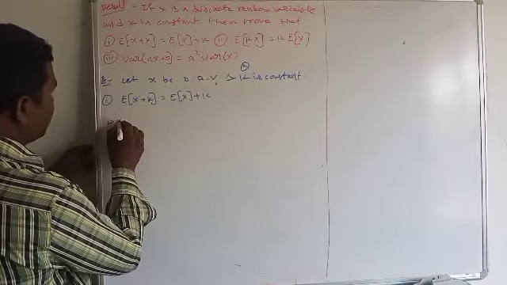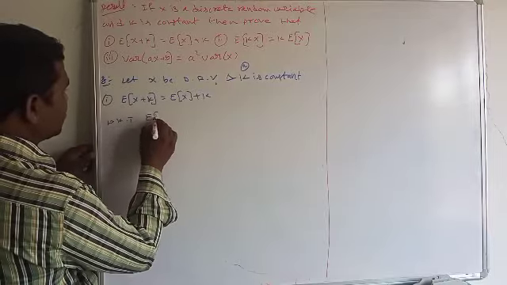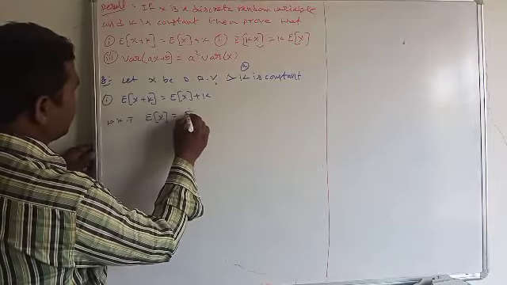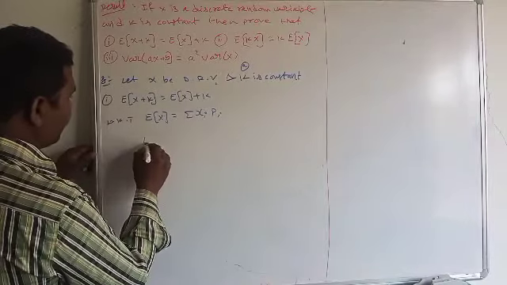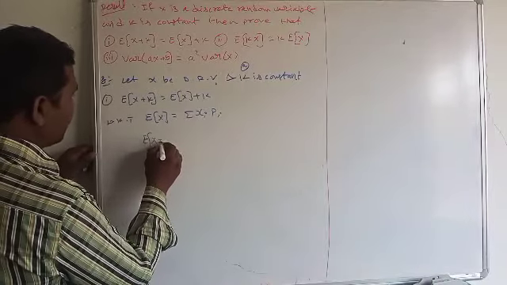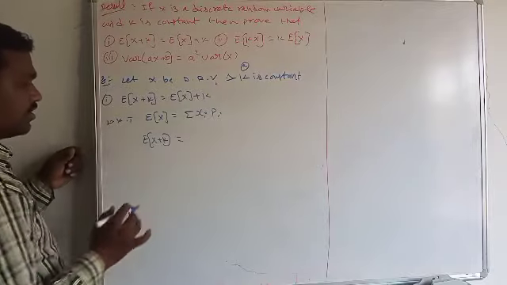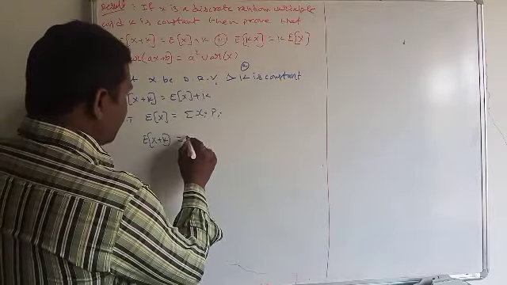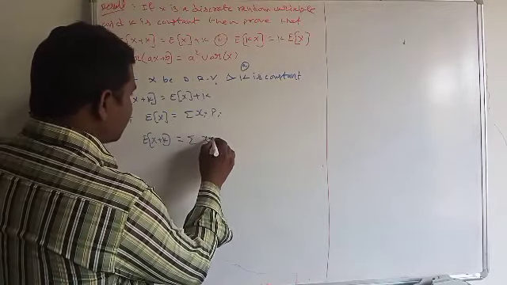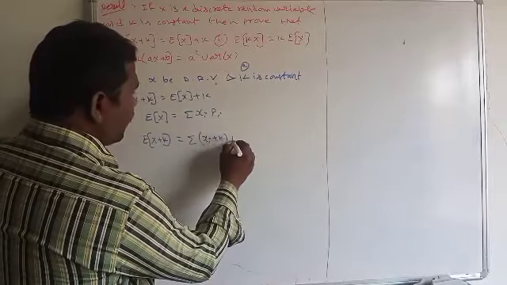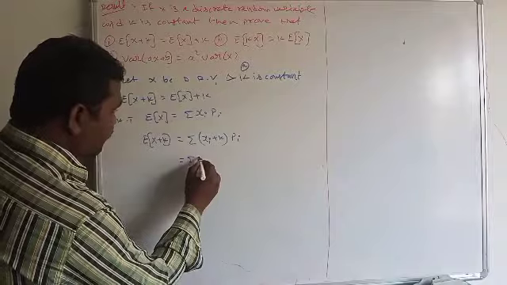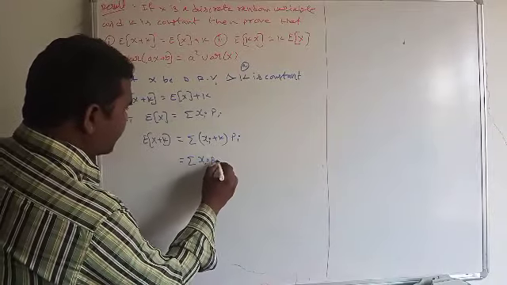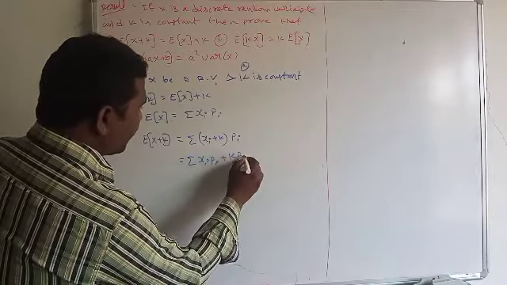We know the formula: the expectation of X is equal to the summation of xi pi. But we want the expectation of X plus k. Here k is a constant, X is a random variable, and it is the summation of xi plus k into pi, which is the summation of xi pi plus k into pi.